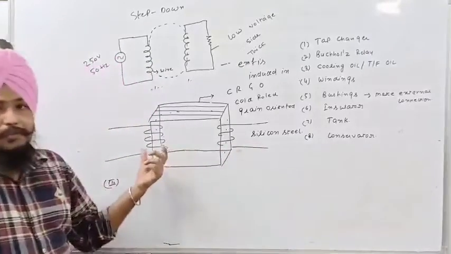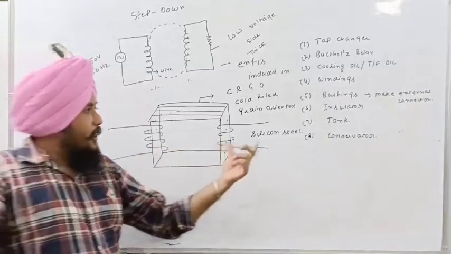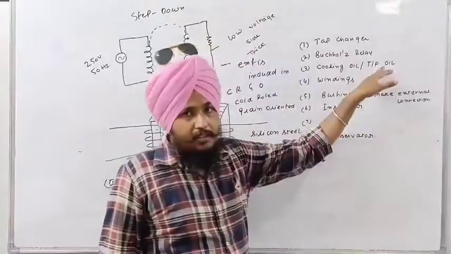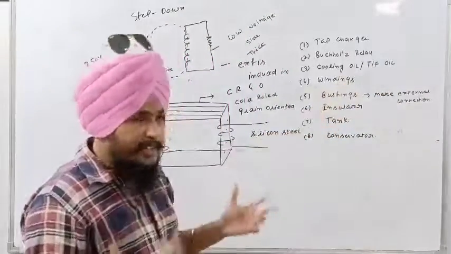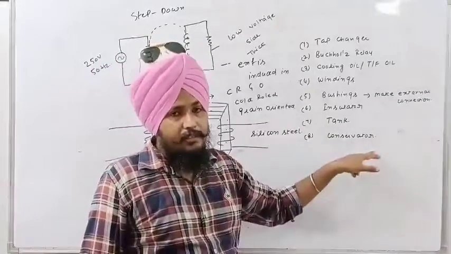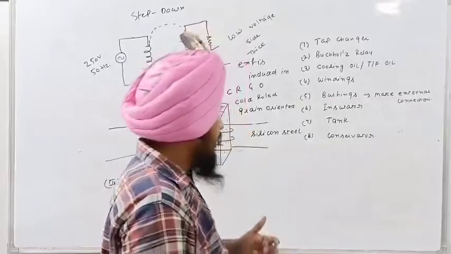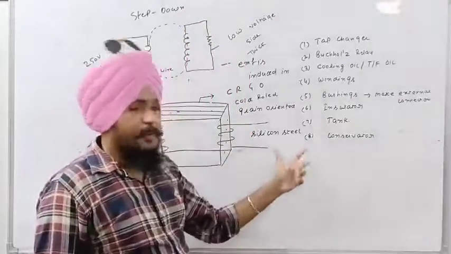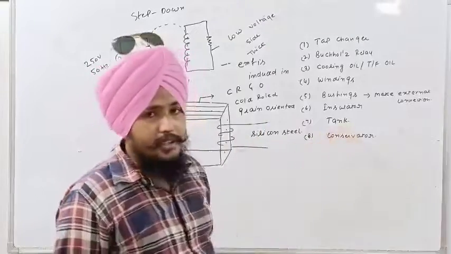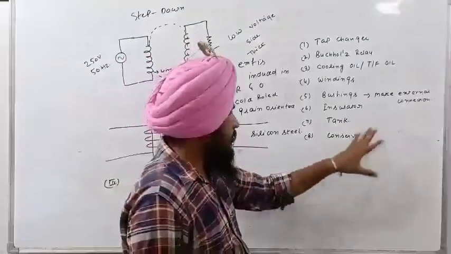If the temperature of the windings increases, the quantity of the transformer oil will expand, and this expanded oil is kept in the conservator. And the conservator does one more thing: it gives the supply of oil if the tank is accidentally punctured. Okay, this is the work of the conservator.